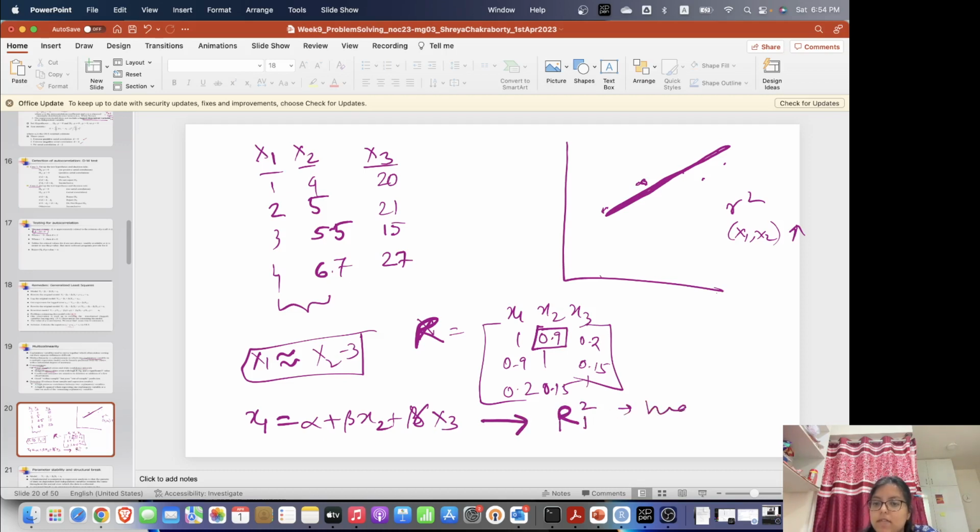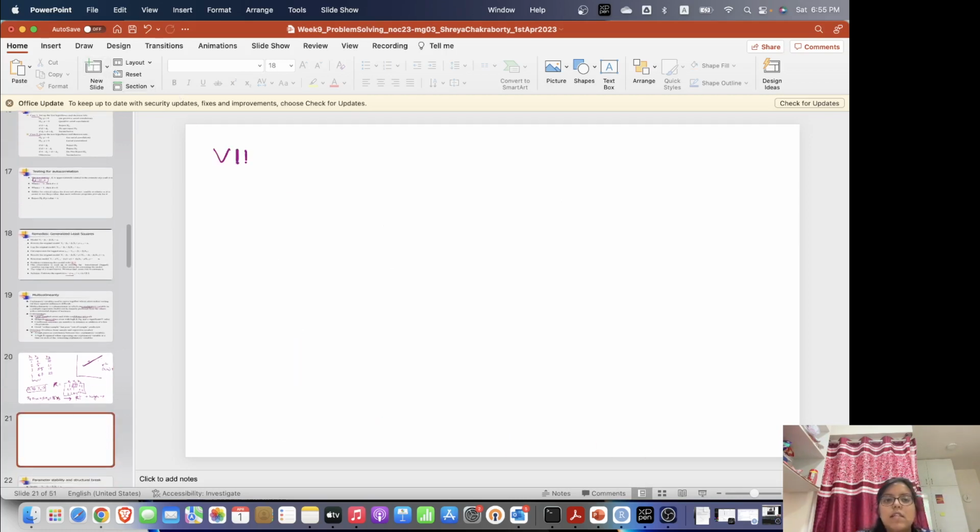If this is very high, then we can say that this variable is highly linearly dependent on the other variables. There is also a related concept known as VIF, the variance inflation factor. I don't think this was discussed in class, but I'm going to share it with you.